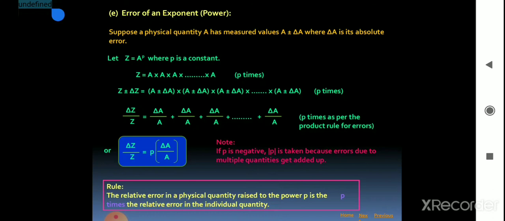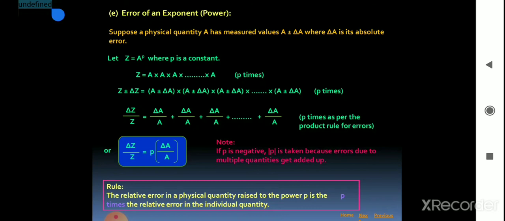So what are the three types of combination of errors? Error of a sum or difference, error of a product or a quotient, error of an exponent. These are the three combinations of errors.